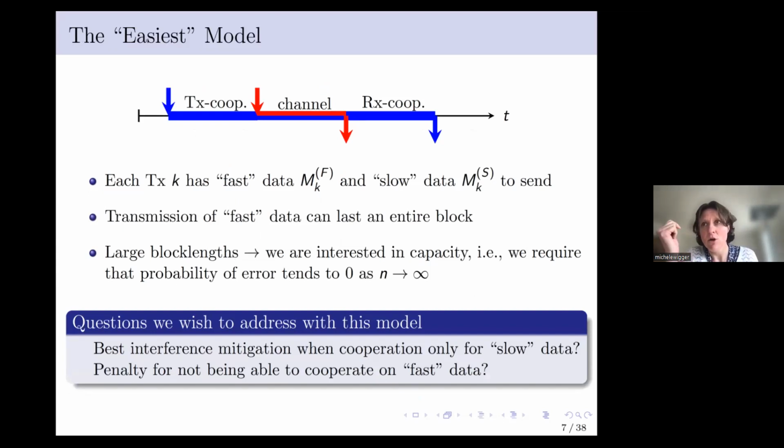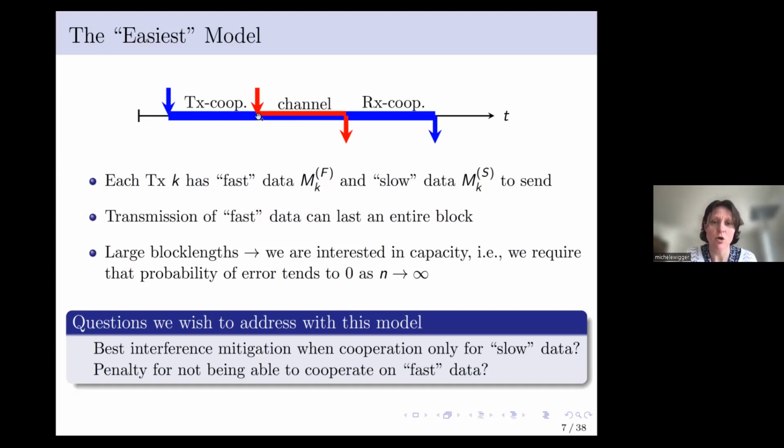I hope I could already show you what the challenges are, and you'll see various kinds of results. It's challenging. It's actually not that easy. You'll see, especially in the finite block length, we really just have preliminary results, and it's technically not so easy. But I think it's a very rich problem. Because of the technical difficulty, we start with this easiest model.